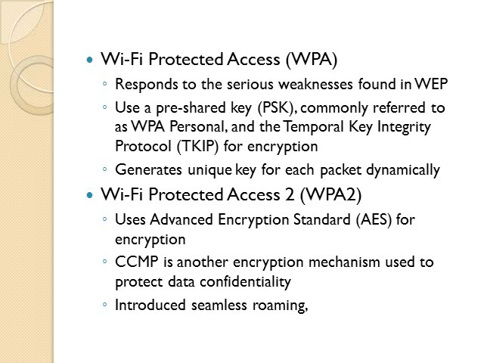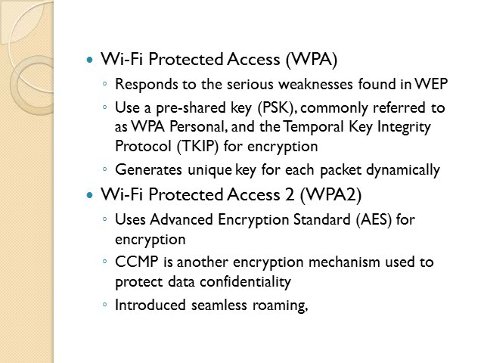The most current WPA implementations use a pre-shared key, PSK, which is referred to as WPA Personal, and another protocol called Temporal Key Integrity Protocol for encryption. Unlike WEP, Wi-Fi Protected Access uses 256-bit keys, and it also generates a unique key for each and every packet dynamically, so that it is more secure.